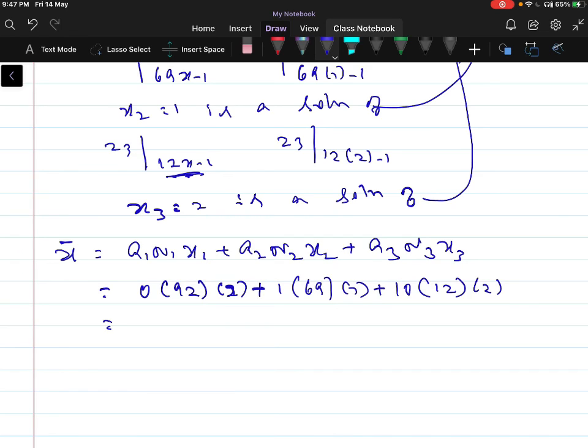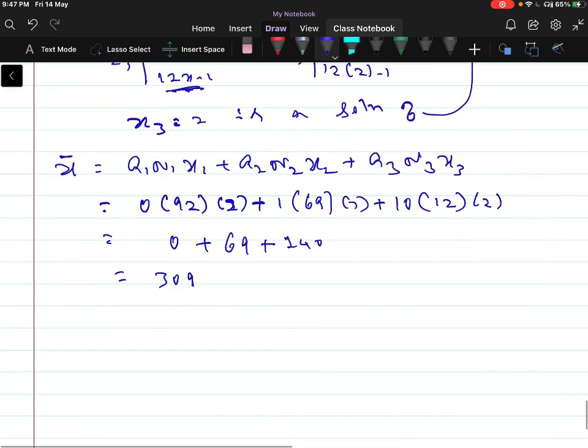So this is equal to 0 plus 69 plus 240. So this is equal to 309. Therefore x bar is congruent to 309 modulo 276.